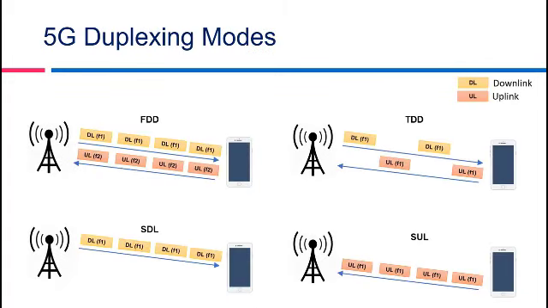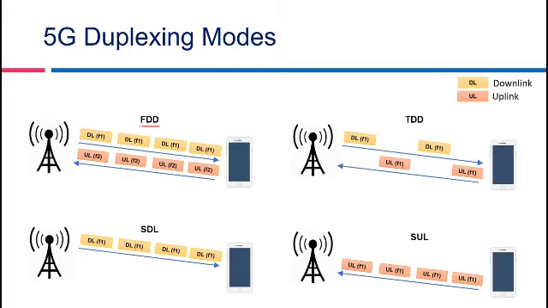In previous slides we discussed that the FR1 frequency range can work with different duplex modes, and some of these duplex modes we'll be discussing in this slide. Let's start with the FDD duplex mode. FDD means frequency division duplexing.